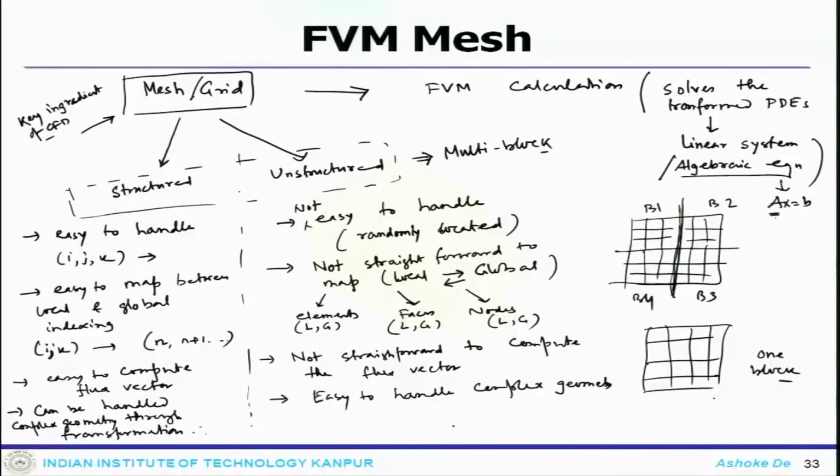So, in a global sense, if you look at it, there are some advantages associated with structured systems, some advantages associated with unstructured systems, and there are certain commonalities. Either of the systems you adopt, you need to handle the local and global indexing, which contains your element mapping, face mapping, node mapping, then accordingly calculation of the flux vector.